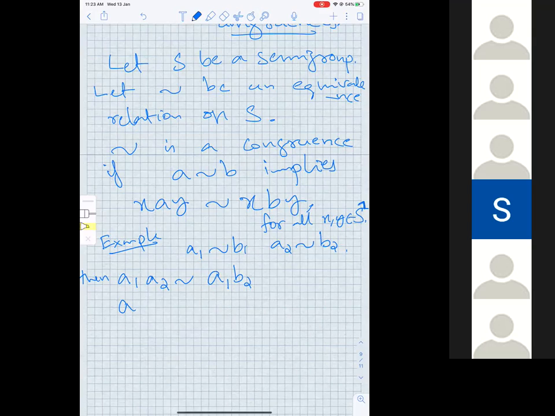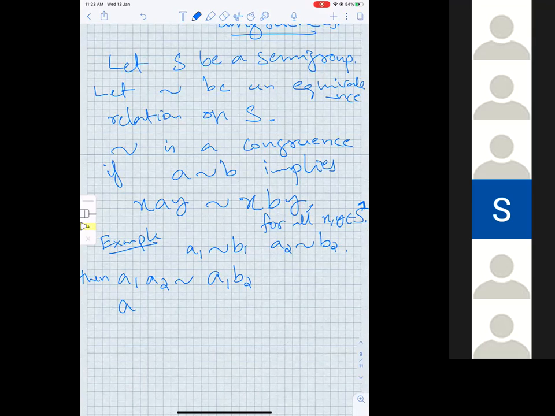Let me rephrase my definition. Let S be a semigroup, and let tilde be an equivalence relation on S. Then tilde is a congruence on S if A tilde B implies XAY tilde XBY for all X, Y in S1. That means X and Y can be the identity also.